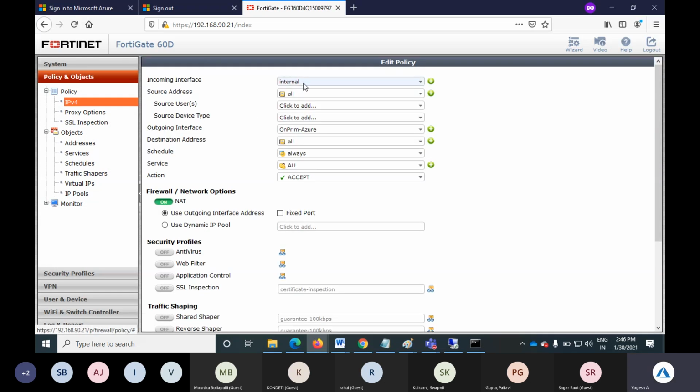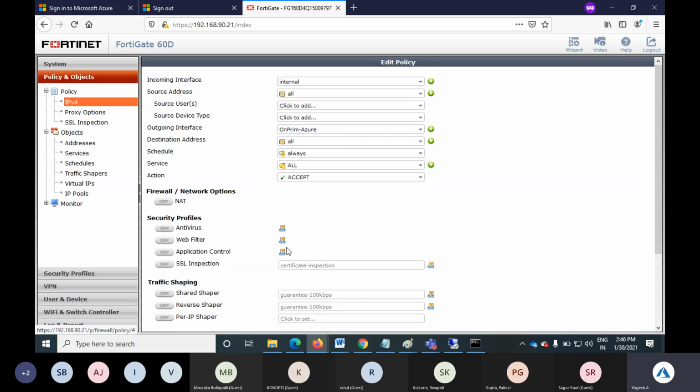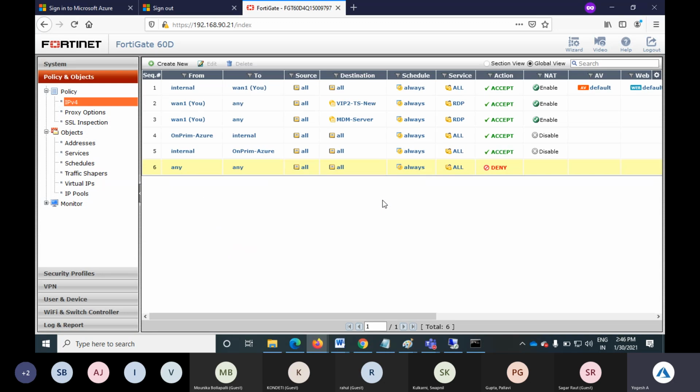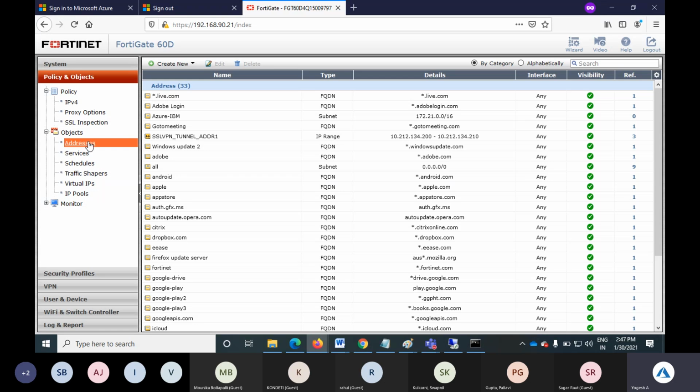And there is one more policy, internal to my on-prem. So all traffic will hit. So Azure-IBM we have created, 172.21.0.0/16.